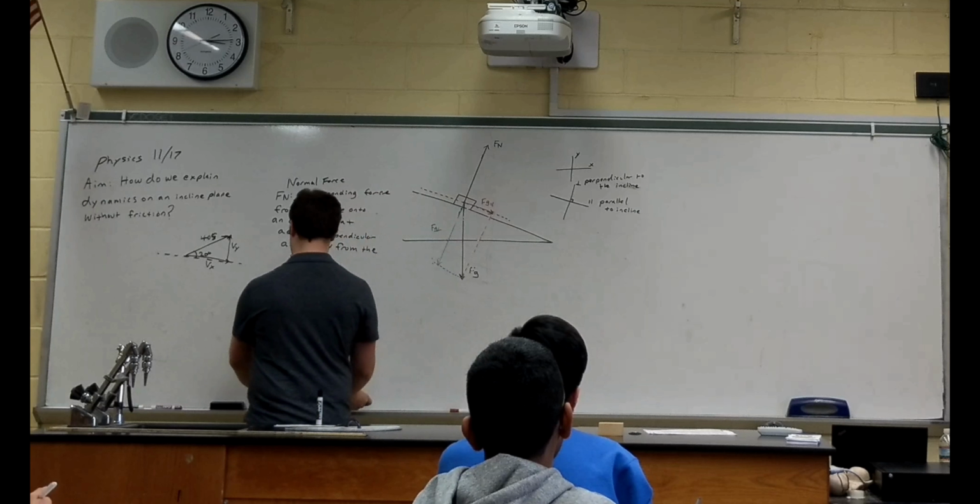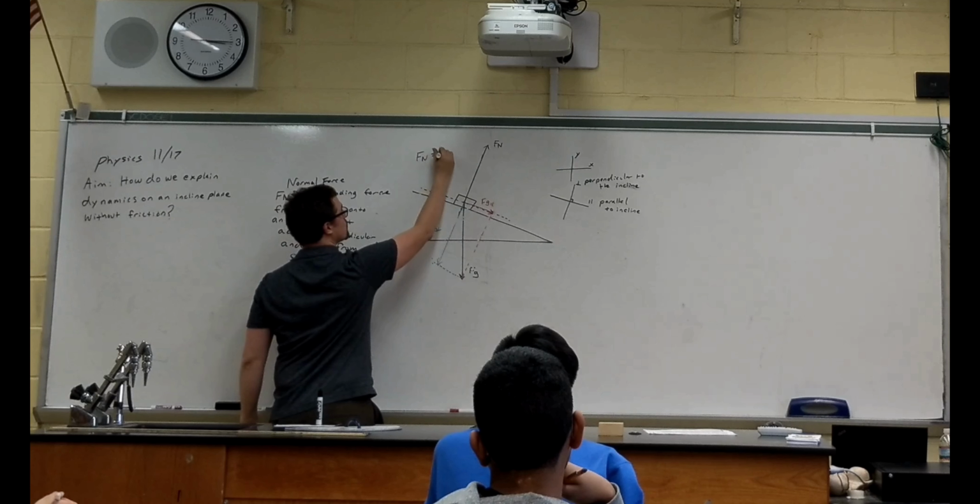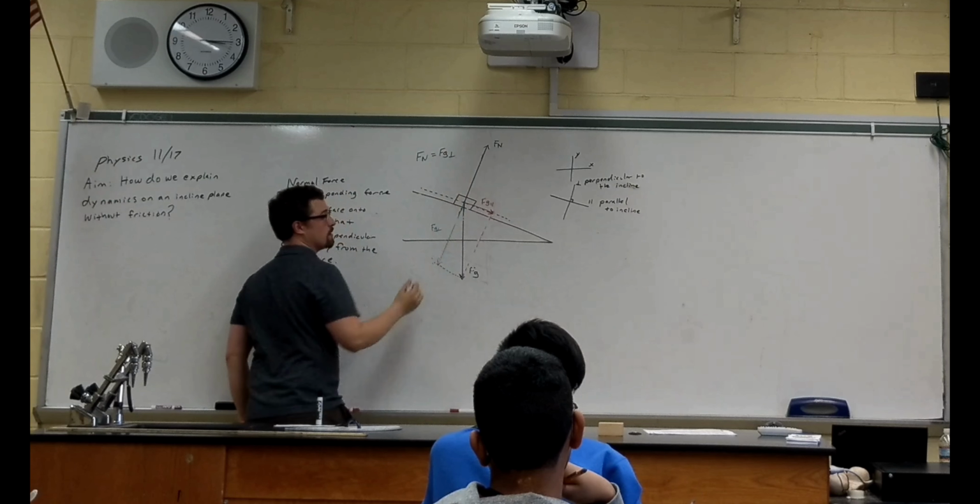In fact, can we really make a relationship? What's the relationship between the normal force and the perpendicular force? They've got to be equal, right? Because they're balancing each other out. This normal force is balancing out that inward pressure from gravity in that direction. So we can write Fn equals Fg perpendicular, right?